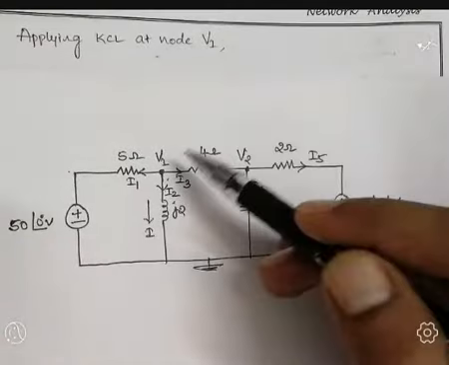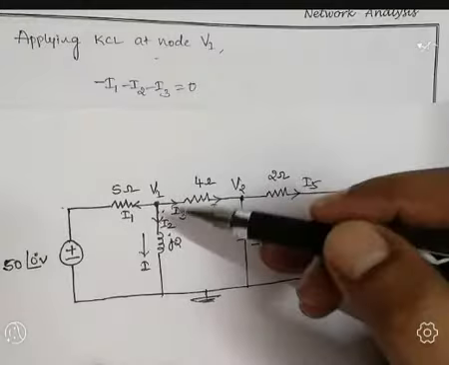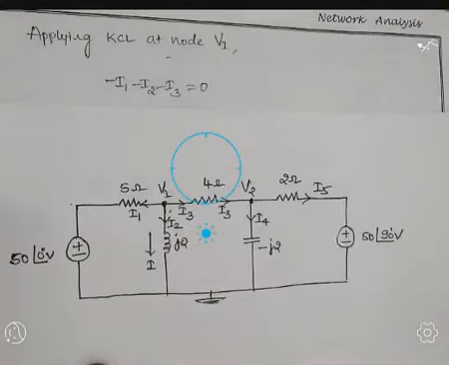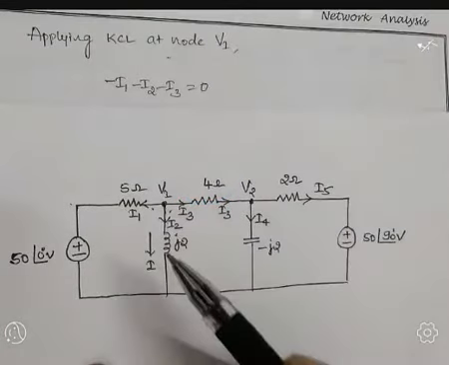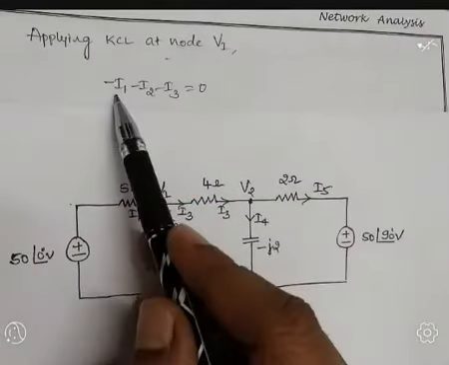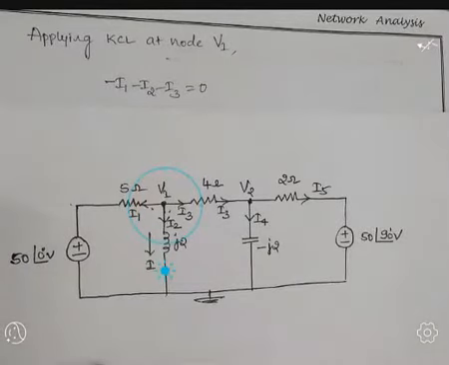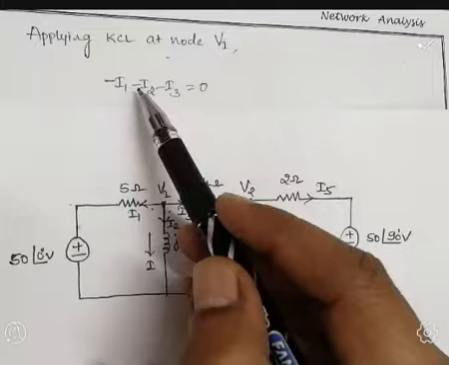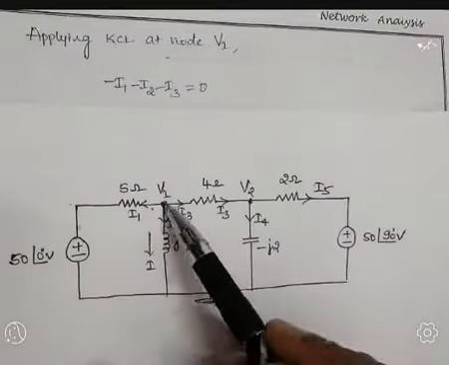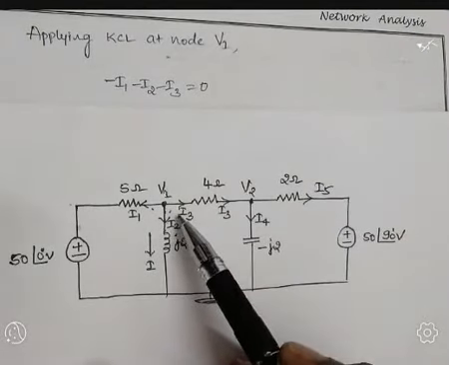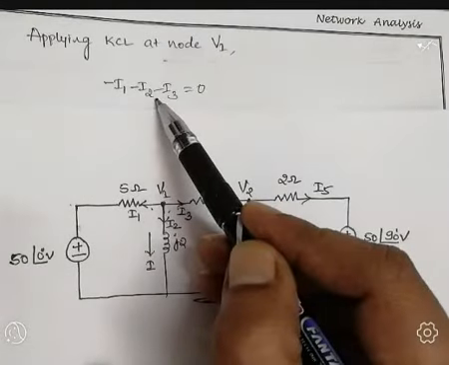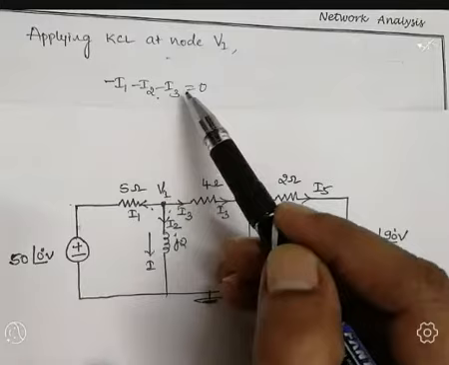So we can write, current I1 is moving away, hence I will take minus I1. Next, current I2 is also moving away, so I will take minus I2. Next, current I3 is also moving away from the node, so for that reason I have also taken this current as minus I3 equal to 0.